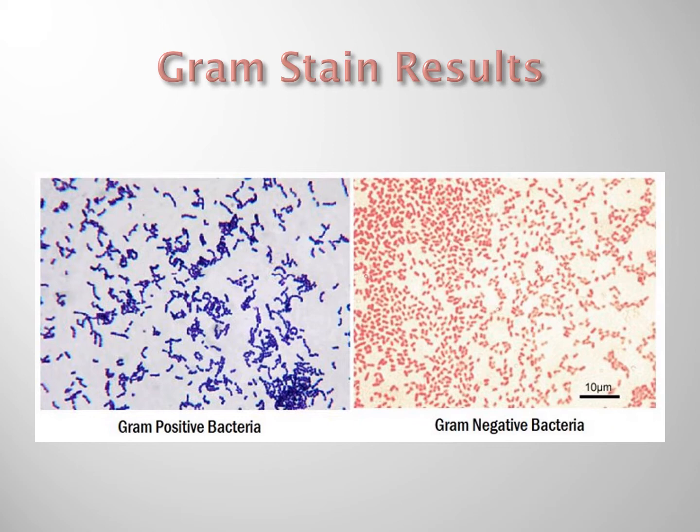So this really splits it up into two groups and can be really helpful in deciding which antibiotic to choose, based on whether they're gram-positive or gram-negative, long before you get a culture and sensitivity back from the lab.